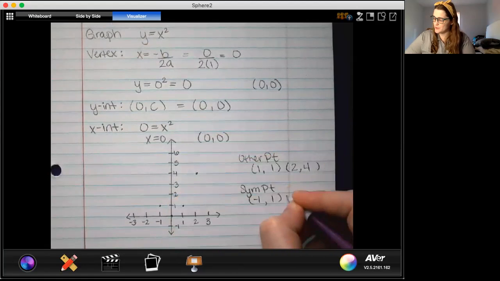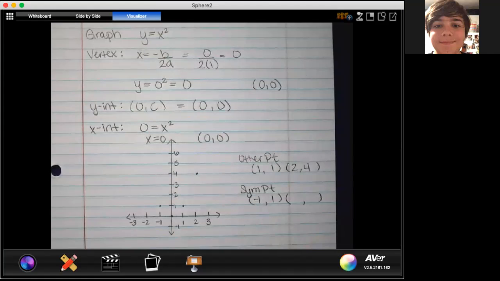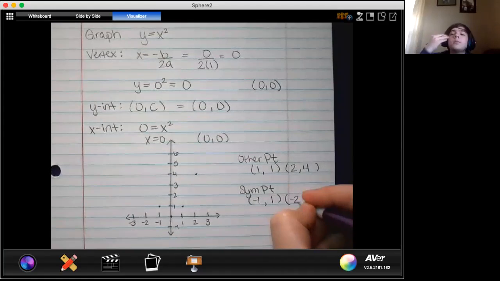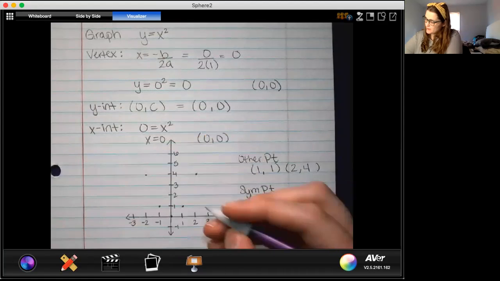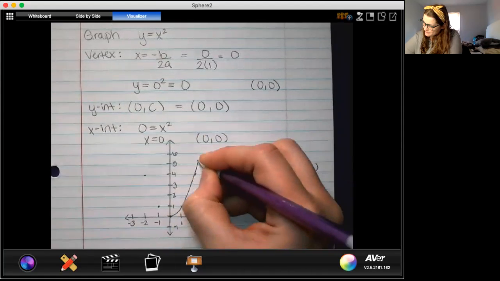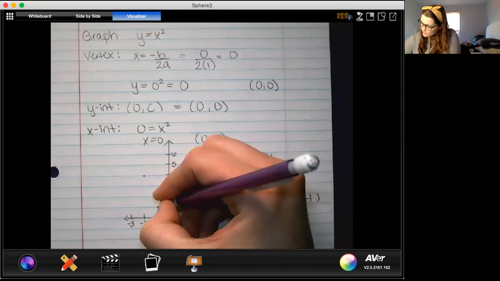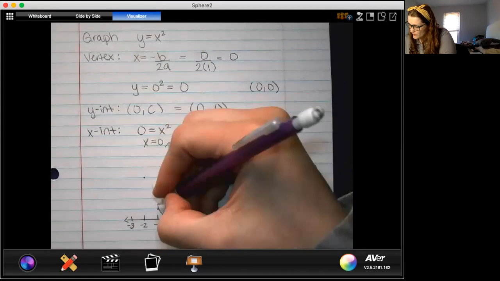So therefore, the symmetrical point would be -2, 4. All right, so we have our minimum of 5 points. Obviously, it's not graph paper, but do the best you can.